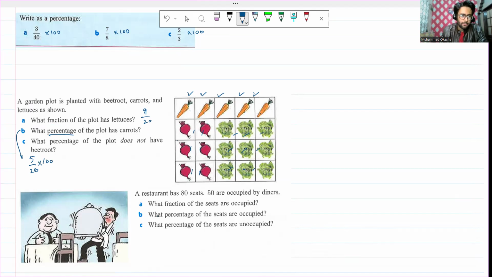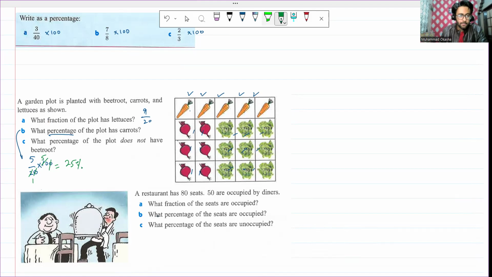We'll cancel out a 0, and then 5 ones are 5, 5 twos are 10, 10%. Okay, 2 5s are 10, so that's going to be 25%. 25% of the plot is carrots.